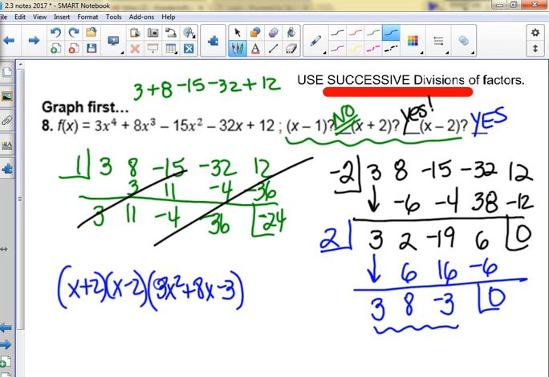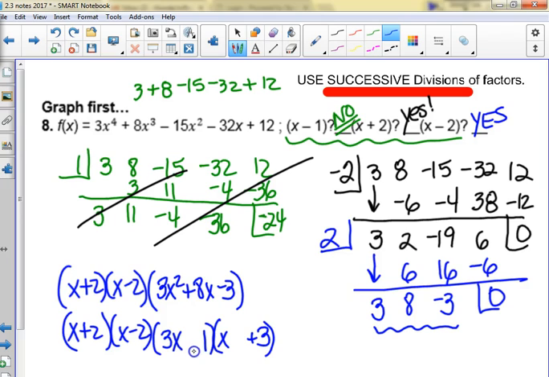Okay, does that factor further maybe? I don't know. Let's think about it for a minute. That would be 9. 9 minus 1 would be a +8 in the middle, and it would give us a -3.